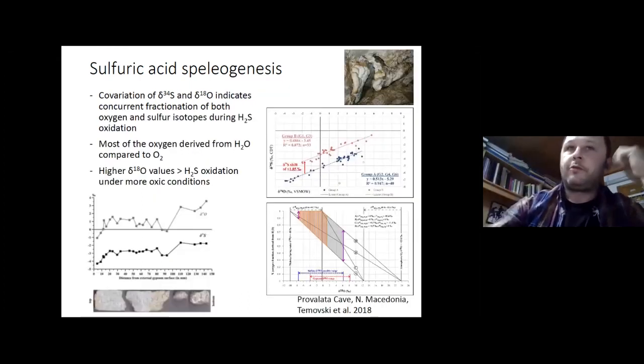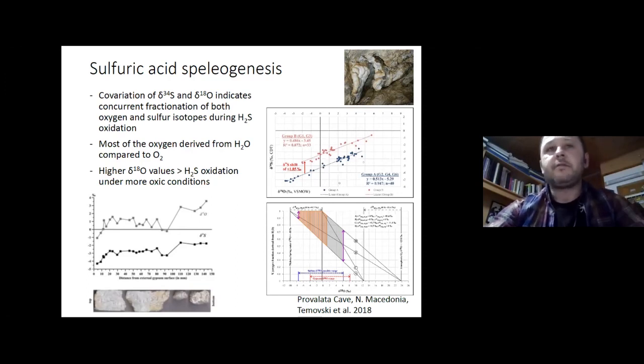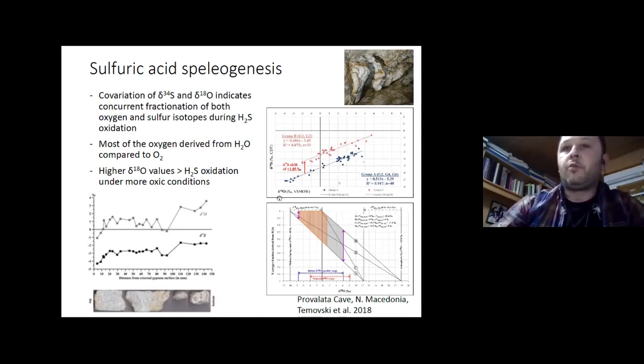Here's another example of using both sulfur and oxygen isotopes from gypsum, in which a strong covariation of both sulfur and oxygen has been identified. This is a high resolution study of gypsum deposits in a sulfuric acid cave. It has been found that most of the oxygen comes from water, and more positive values reflect a higher contribution of oxygen from the atmosphere, so molecular oxygen.